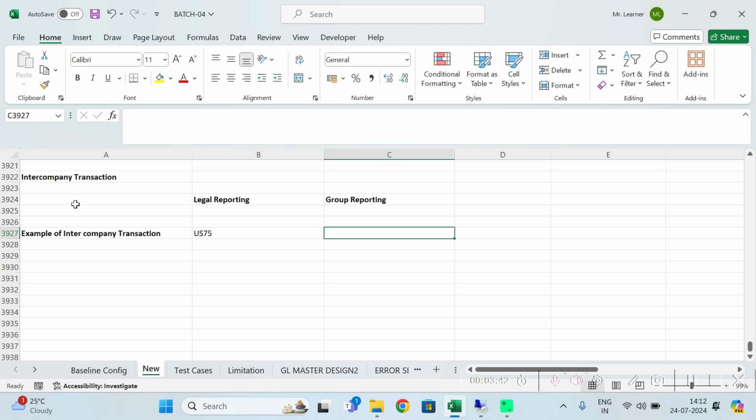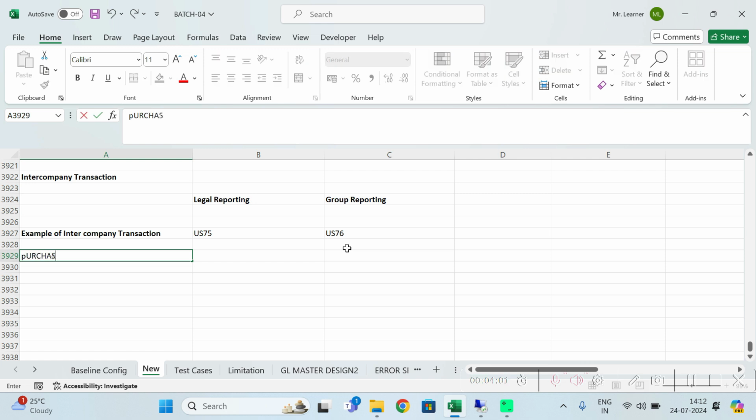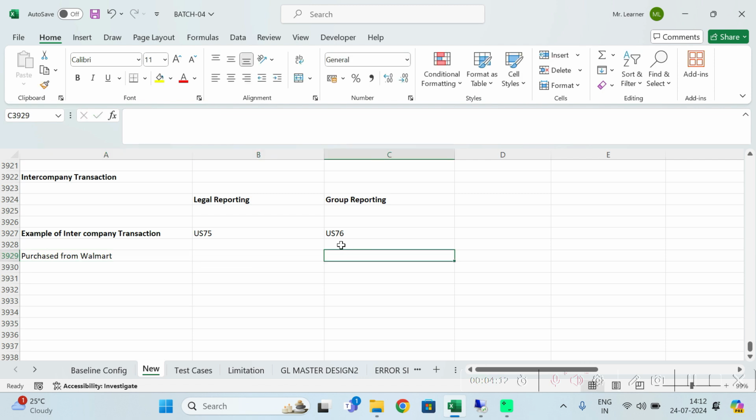One is US 75, one is US 76. Now let's say US 76 has purchased something and posted the invoice. Let's say it is purchased from Walmart. Let's say Walmart is our vendor. Okay, and US 76 has purchased.